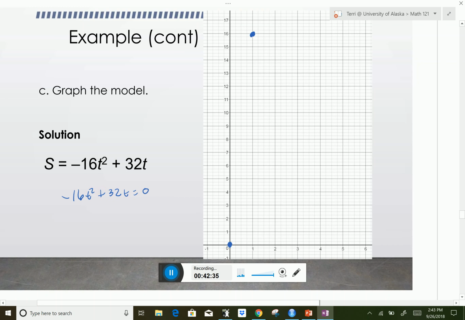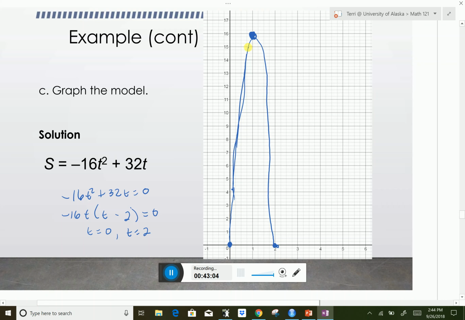Pull out a negative 16t, we're left with t minus 2 equals 0. Oops, that's 2, and t equals 2. So we can see that it's just going to be a weird parabola, but that's okay. There's the time, and the max height of the ball is 16 feet in the air. And then it comes back down and hits the ground again after 2 seconds.